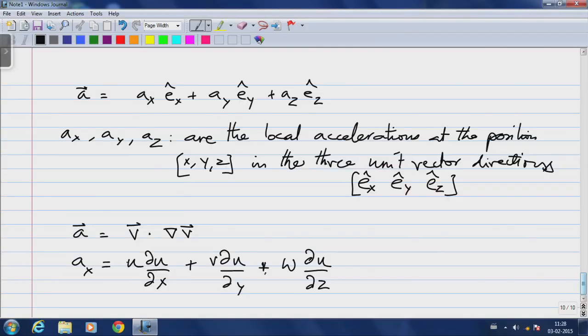I will make only one point here. Look at the x component of the acceleration in, let us say, planar motion.